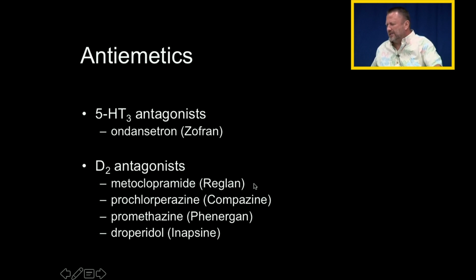All right, the D2 antagonists, Reglan, Compazine, Phenergan, and Napsine. Compazine and Phenergan you're going to see used most commonly, Reglan as well. Something to keep in mind, though, is these are based on antipsychotic agents, and because they're based on the antipsychotic agents, we need to be on the lookout for them causing dystonic reactions, and orthostatic hypotension as well.